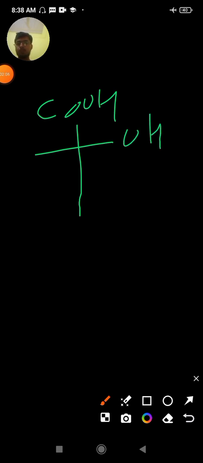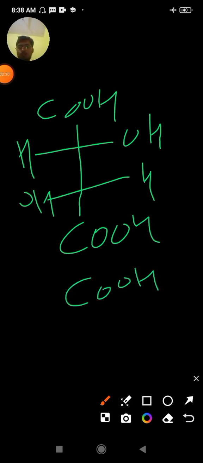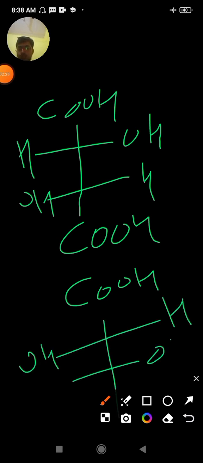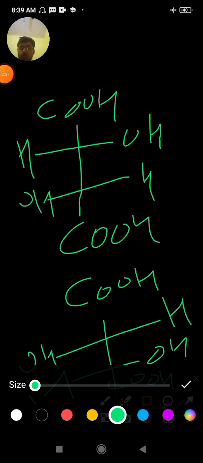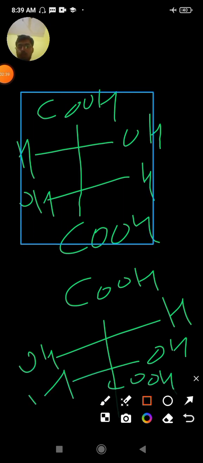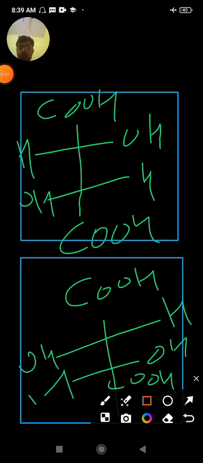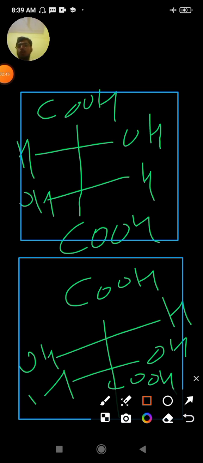That's OH, H, OH, H, COOH. Next is its inverse, that is COOH and H, here OH, OH, OH, and here it will be COOH. So these are two compounds and these are called enantiomers. Okay, I hope you understand this.